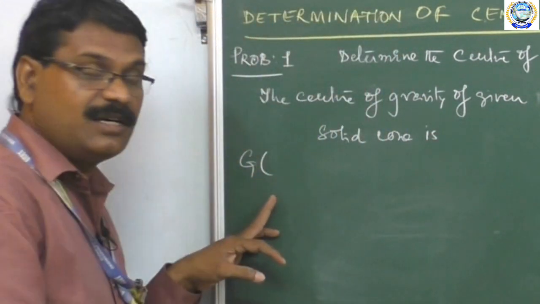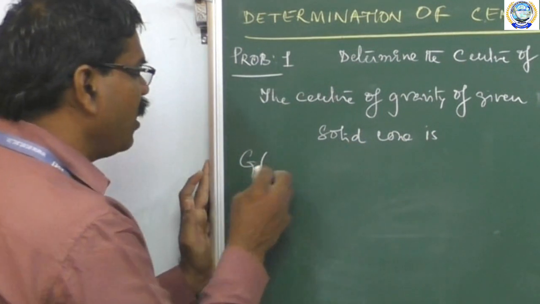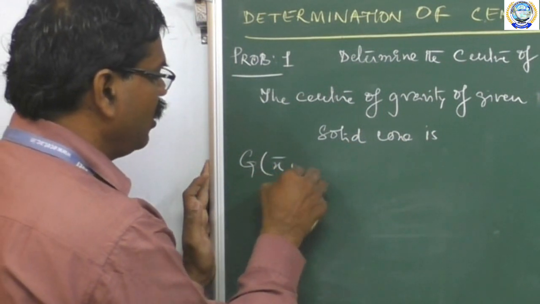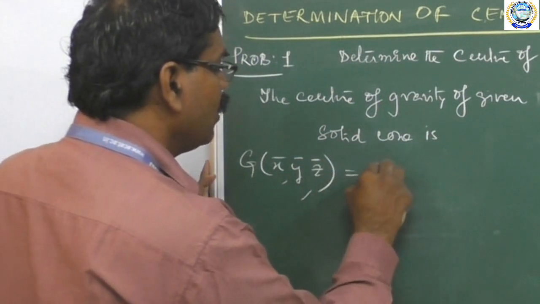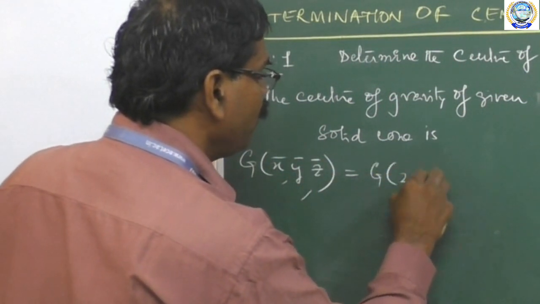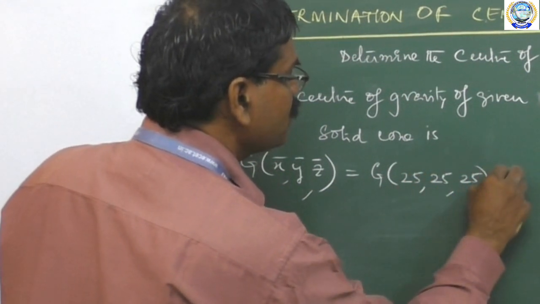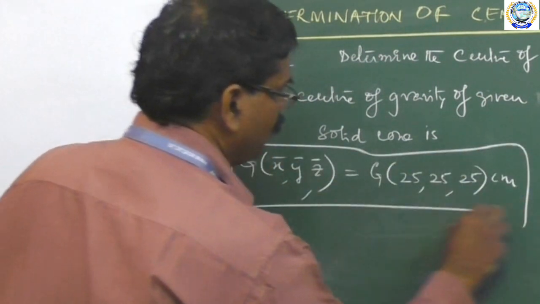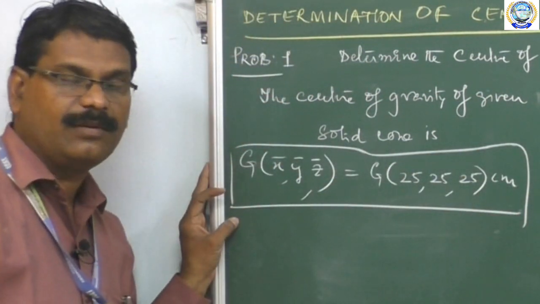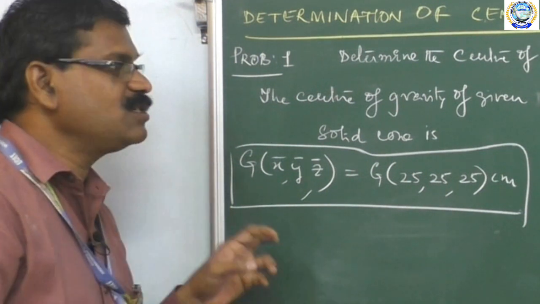So the center of gravity of the given solid cone is G of X bar comma Y bar comma Z bar, which is equal to G of 25 comma 25 comma 25 centimeters. This is the ultimate answer for this given solid cone. Then we need to find one more parameter, which is the volume of this solid cone.